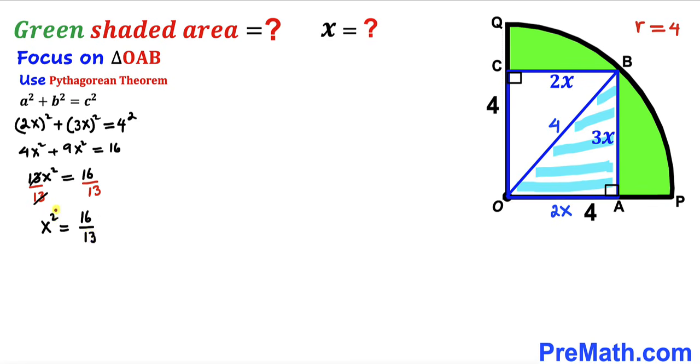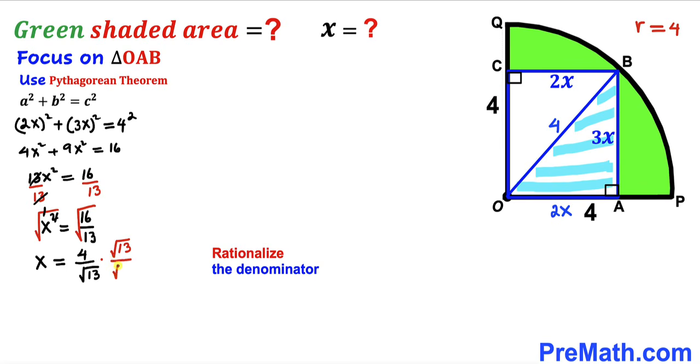Now I'm going to take the square root on both sides to undo this square. We can see the square and square root undo each other. So our x value is going to be 4 divided by square root of 13. Now I am going to rationalize the denominator by multiplying and dividing by square root of 13, which gives us 13 in the denominator.